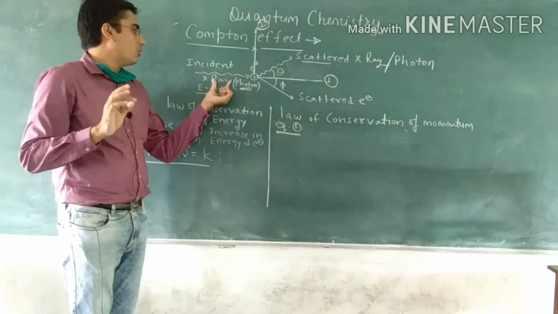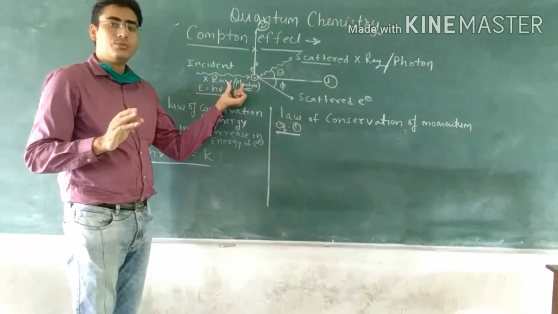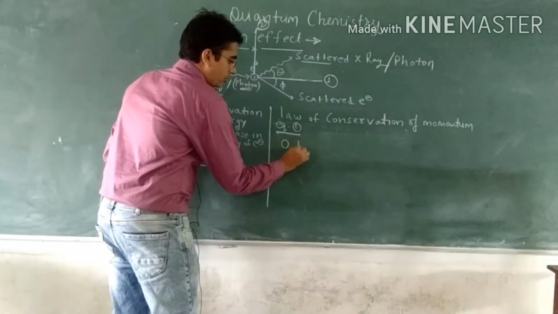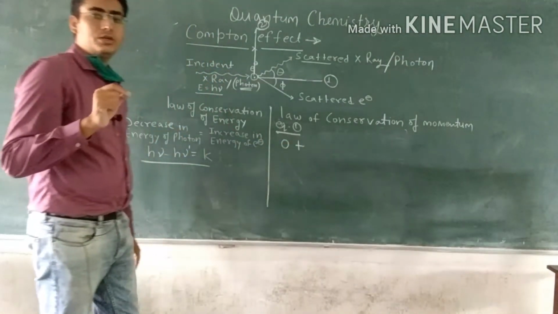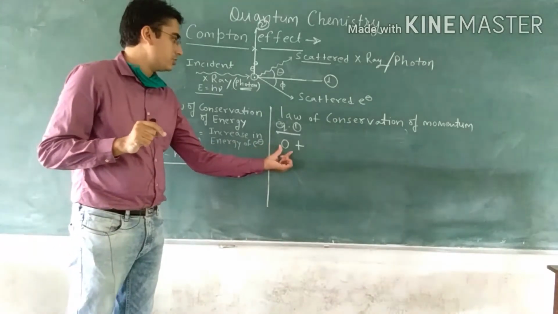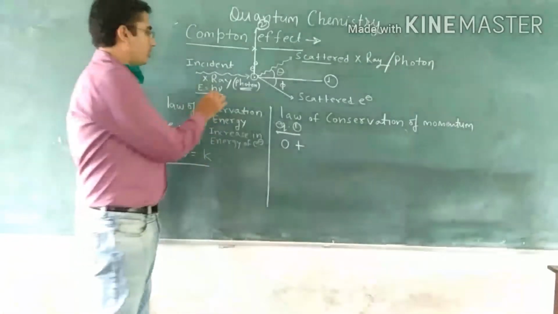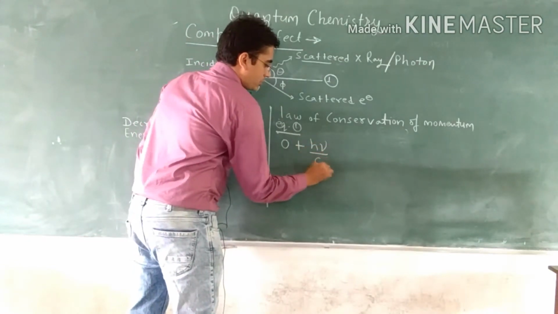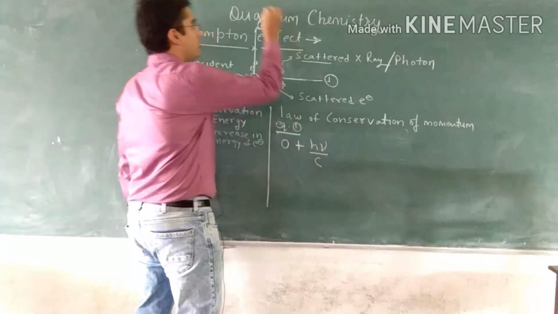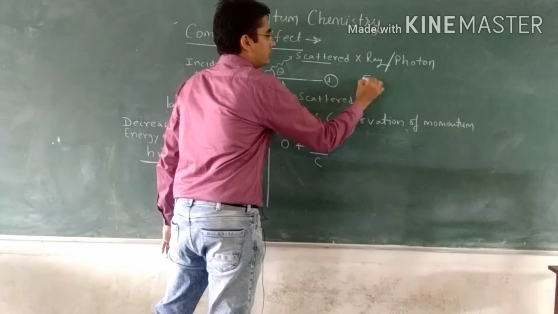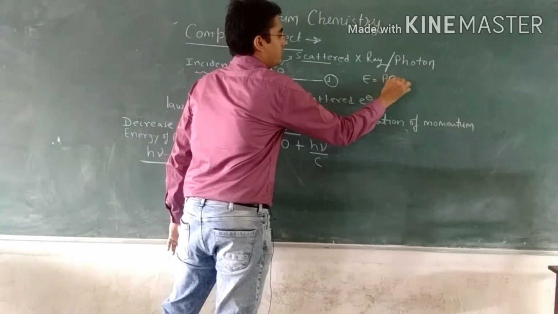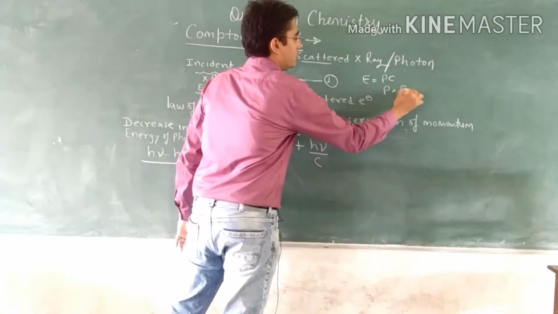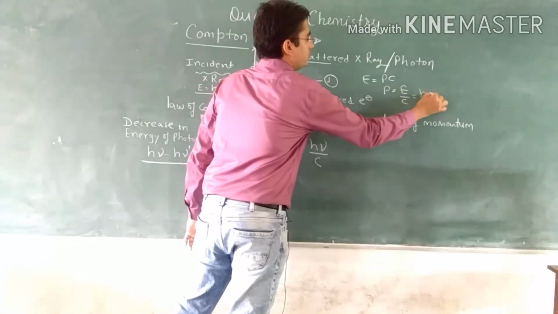We take the momentum of the X-ray and electron before collision. The electron is at rest, so its momentum is 0, and the momentum of the X-ray is given by h mu upon c. How does it come? Because E is equal to Pc, where P is momentum and c is velocity, so P is E upon c.